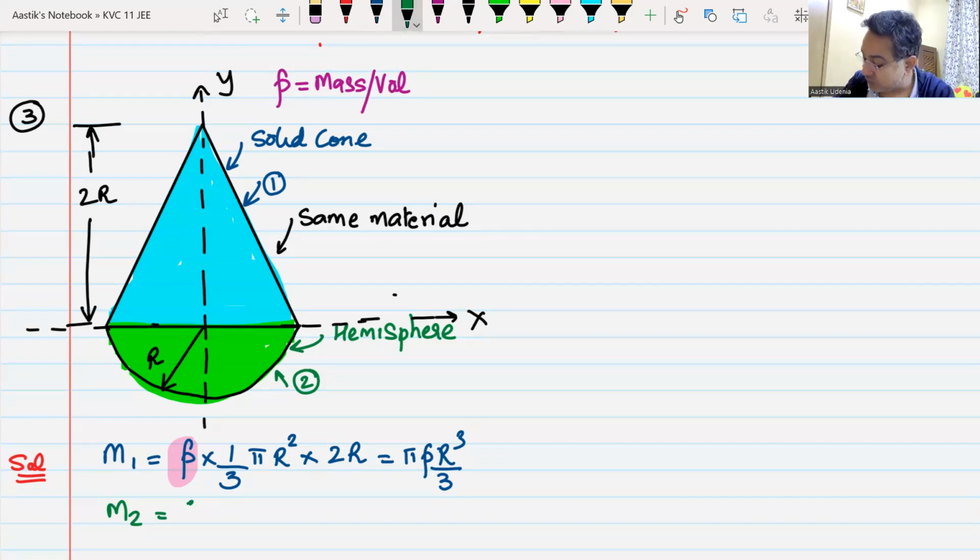So M2 will be equal to rho into the volume of a hemisphere, which is 2 by 3 pi r cube. So it is 2 by 3 pi rho r cube.